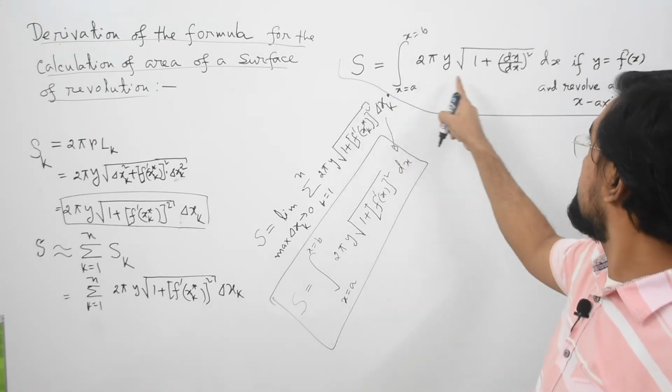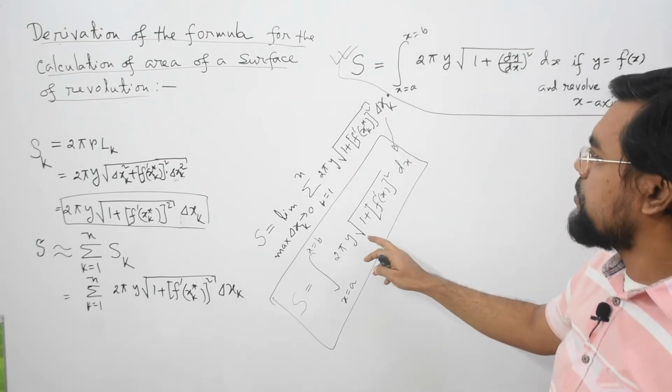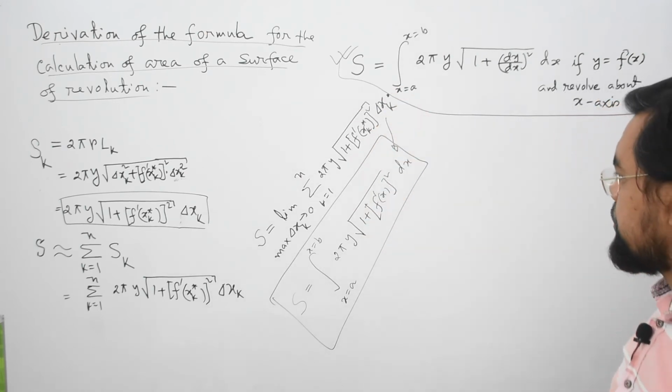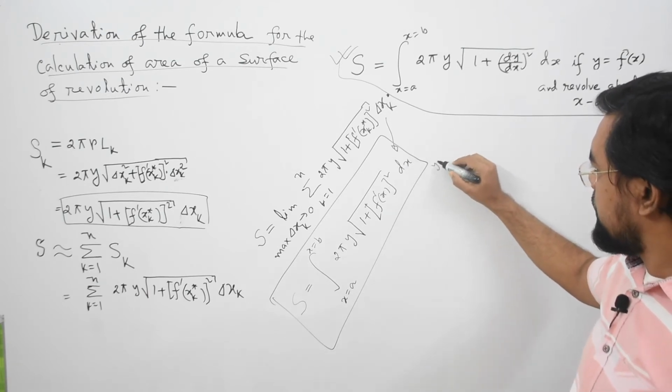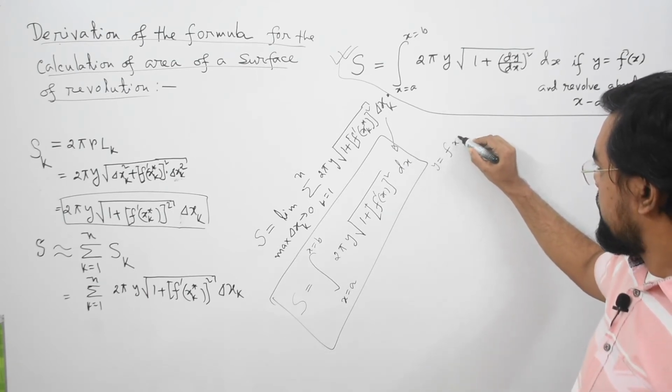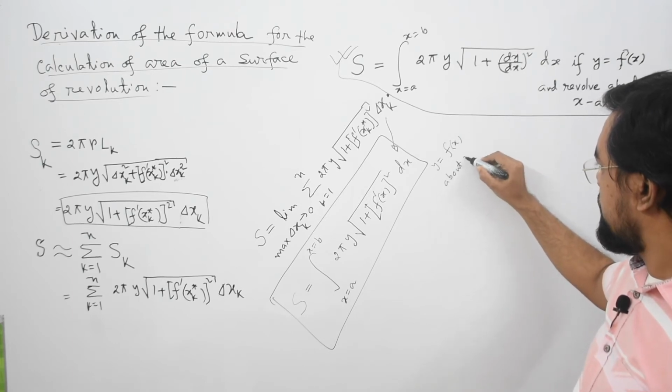You see, this is the same formula that we wanted to derive in order to calculate the area of a surface of revolution, when your curve is like this, and if you revolve about the x-axis.